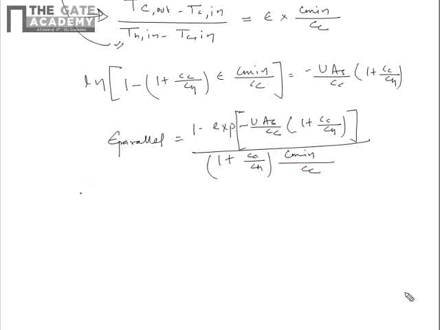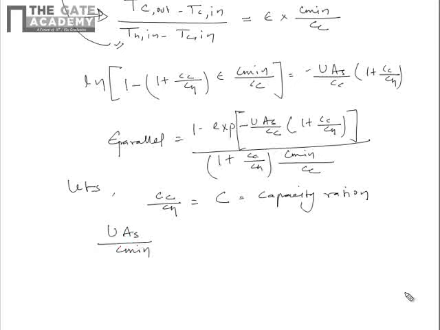So, let's say Cc upon Ch is capital C. This is known as capacity ratio. Okay, and UAs upon C minimum is given as number of transfer units.